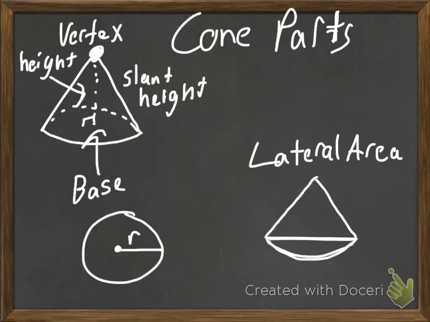It's like if we cut this off, we'd have a triangle. Not quite. Then we have here the slant height. The slant height doesn't go from here to here. The slant height's still here. So I want us to keep that in mind as we go over to learn the formula for surface area of a cone.